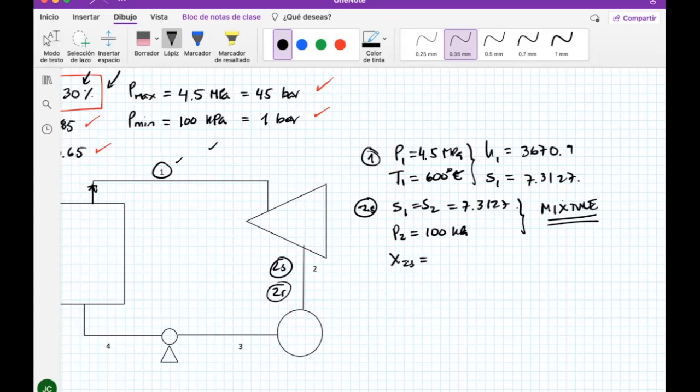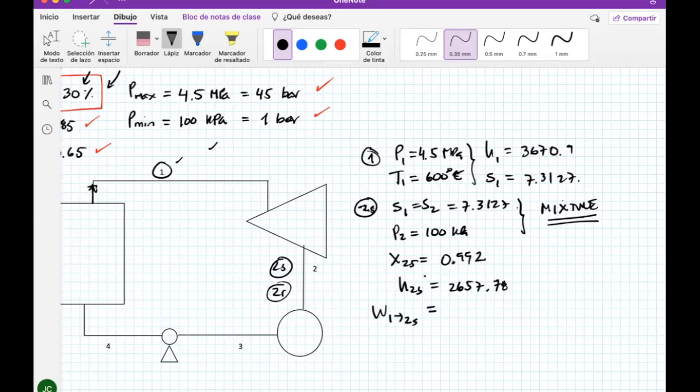Actually, the quality of this isentropic state is gonna be equal to 0.992, and therefore H2s for this point is equal to 2,657.78. I'm gonna go fast, because otherwise it's too elaborate of a problem. Maybe you need to know how to get these points.